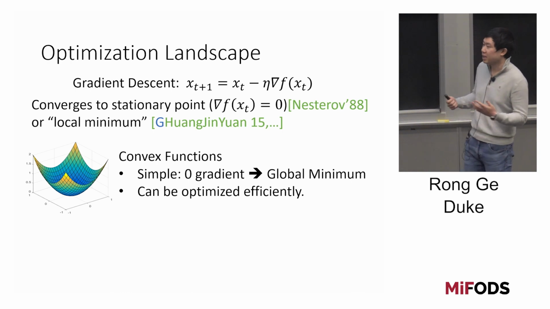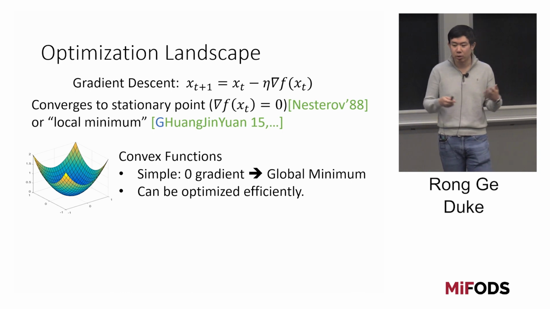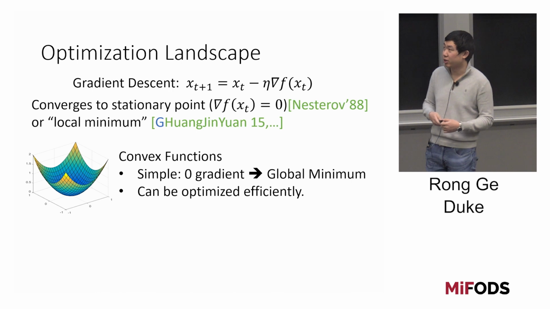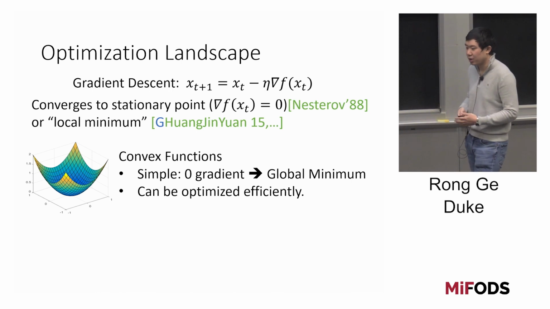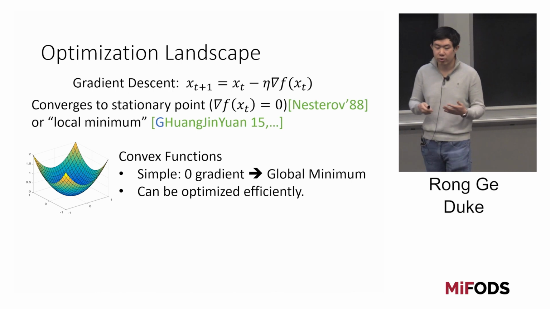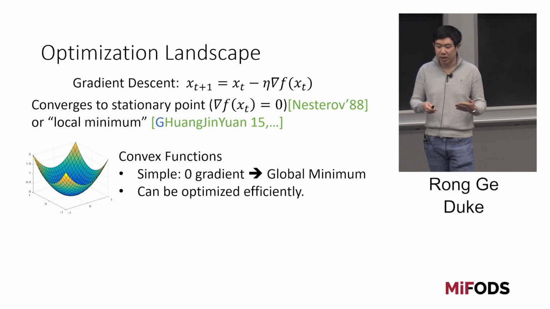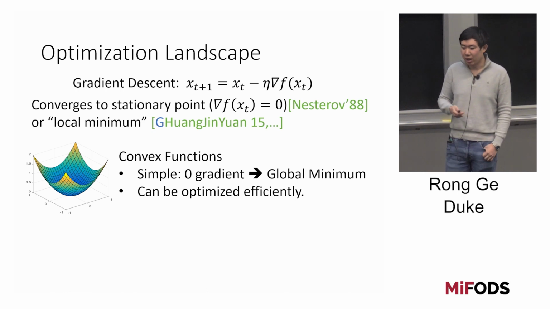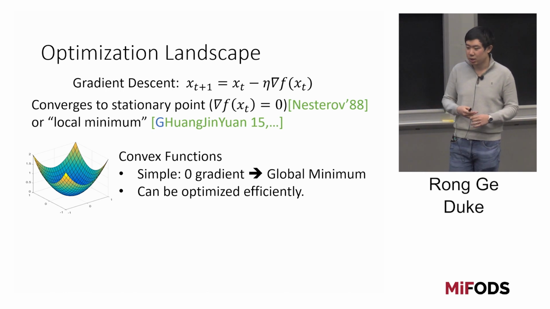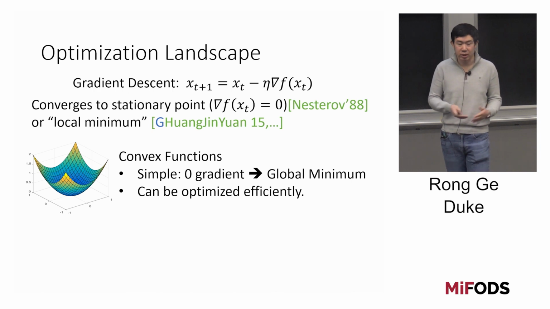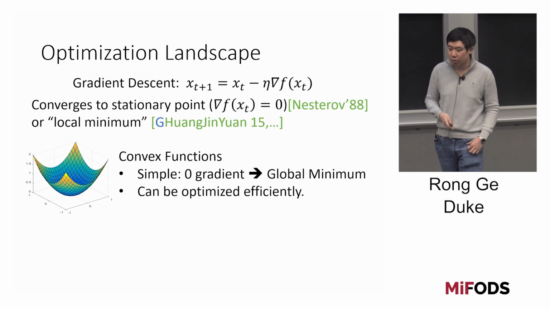Just as a baseline, convex functions have a very simple optimization landscape. The shape of a convex function is very simple because whenever you have a point with zero gradient, then that must be a local minimum, and that actually must also be a global minimum if your function is convex. And because of properties like this, convex functions can be optimized very efficiently using a large variety of algorithms.